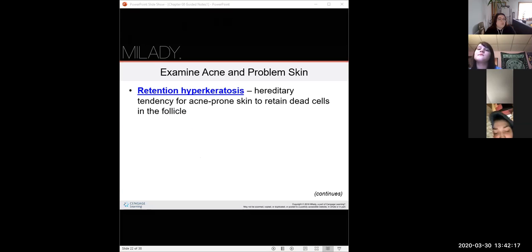Retention hyperkeratosis. That is a hereditary tendency for acne-prone skin to retain the dead skin cells in the follicle, okay? And it's going to clog the follicles, and it's going to make the swelling and inflammation much, much worse.